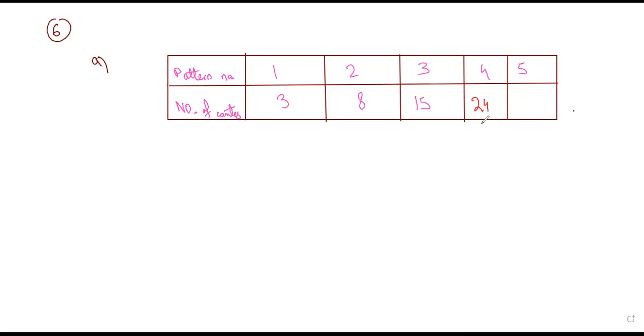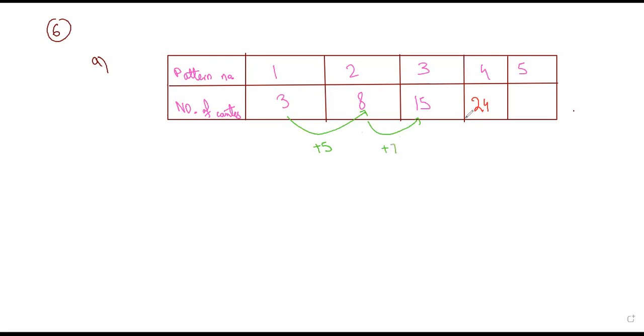Now, for finding out the 5th pattern, we are not going to draw all those counters and do it that way. We'll see that from 3 to 8, we have to add 5. Then from 8 to 15, we need to add what, guys? 7.